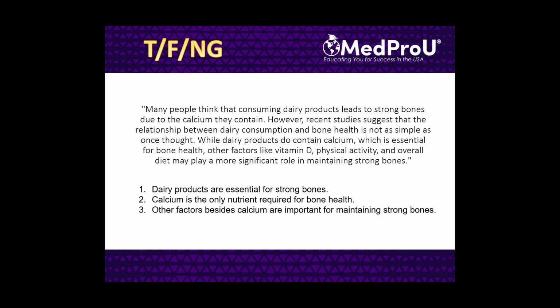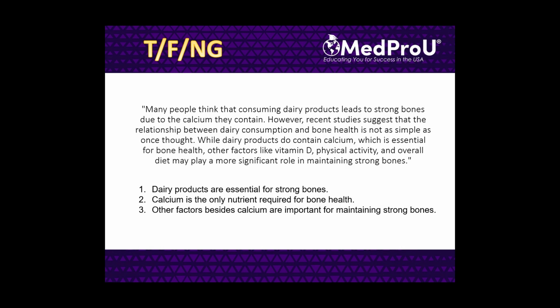So number one, many people think that consuming dairy products leads to strong bones due to the calcium they contain. However, recent studies suggest that the relationship between dairy products and bone health is not as simple as once thought. Now based on this one, look at number one.